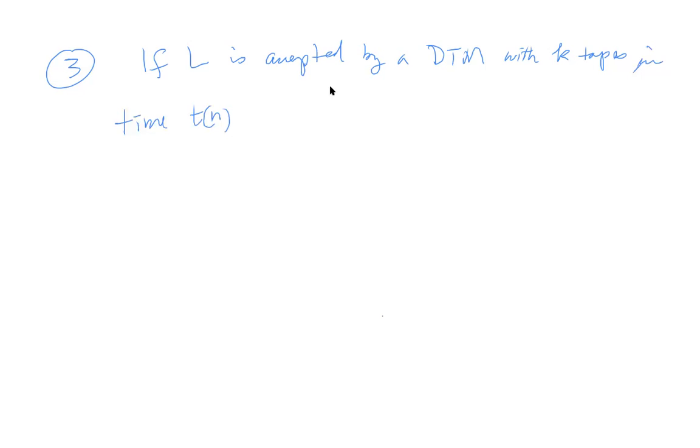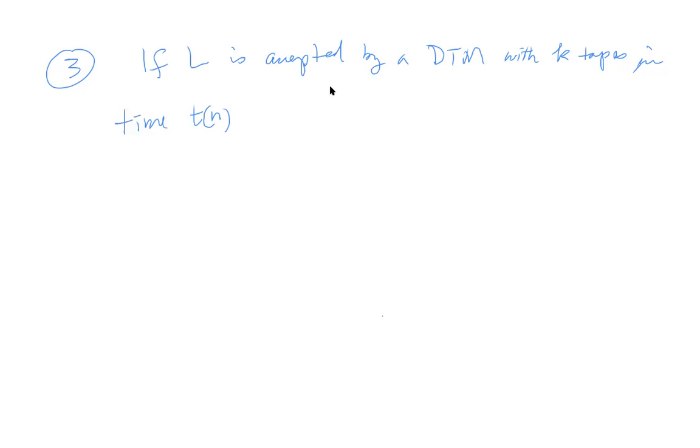Okay, so it's a number of steps, right? So you have an input of length n, you run this Turing machine with K tapes, and it gives an answer in time T of n.